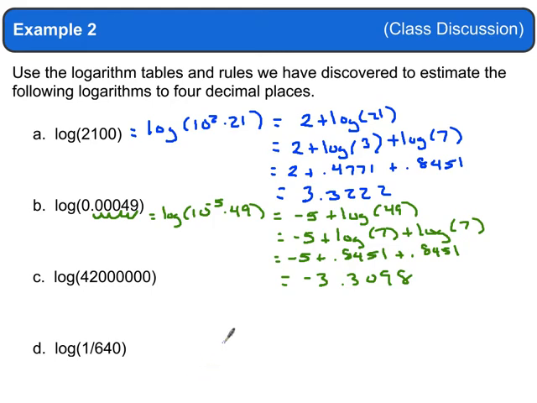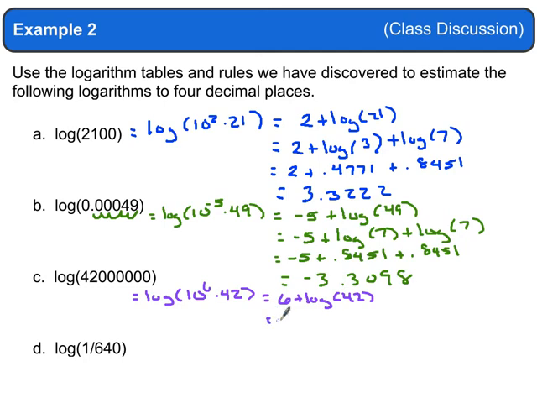Continuing what we're learning, this is 1, 2, 3, 4, 5, 6 zeros. So I can rewrite this one as log of 10 to the 6 times 42. So that's going to give me 6 plus log 42.